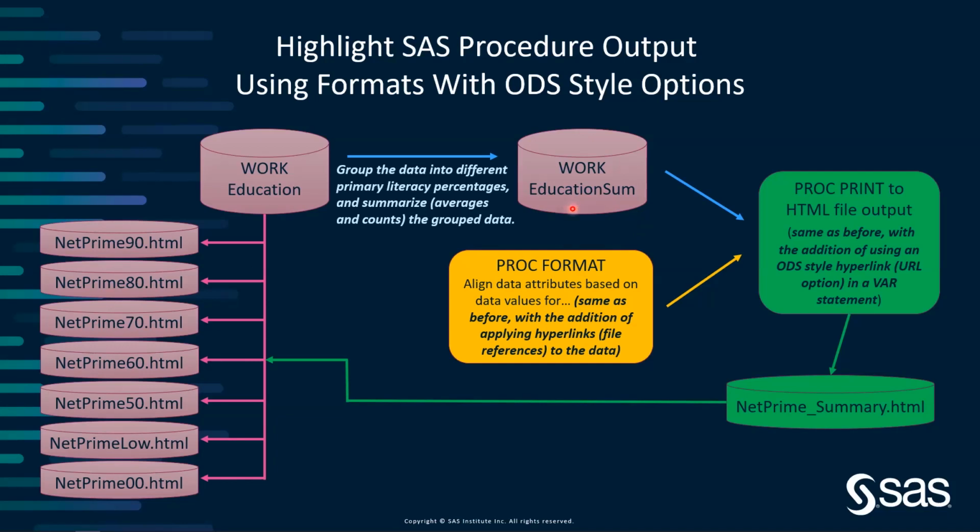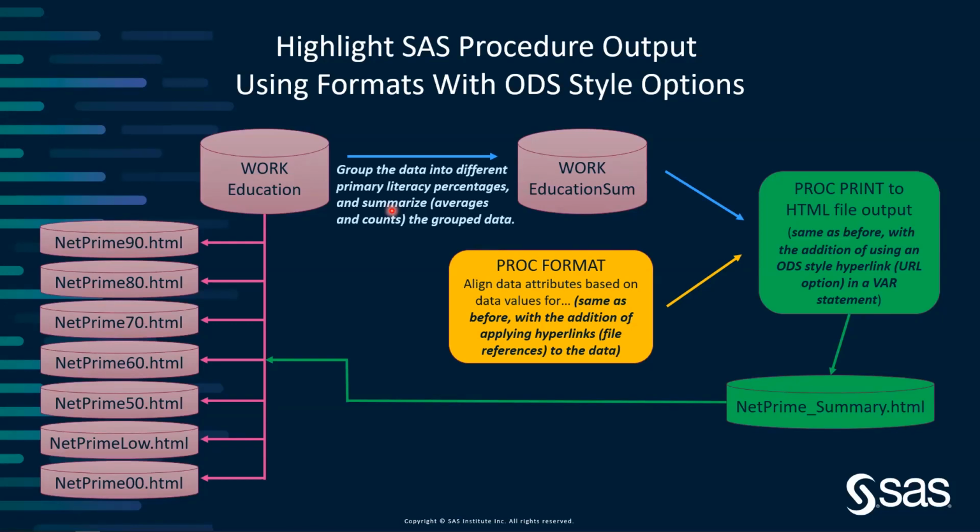And how I'm going to massage it is I'm going to take the data in work.education and, based on those same percentages that I created my different detail files for HTML reporting, I'm going to put the data into different groups based on those same percentages.